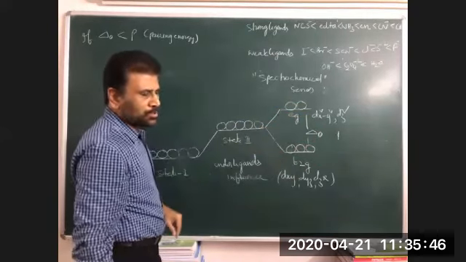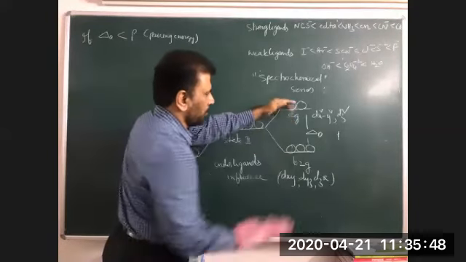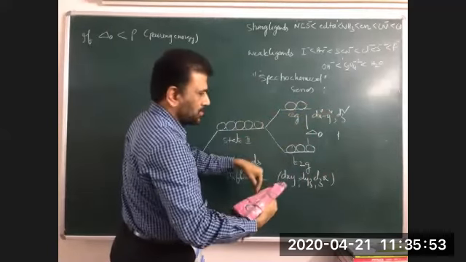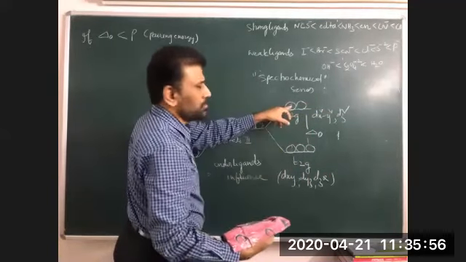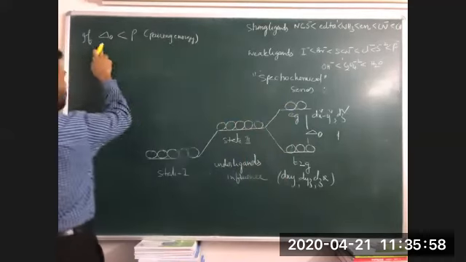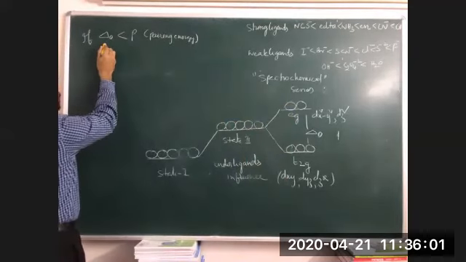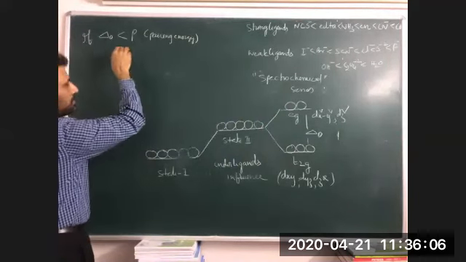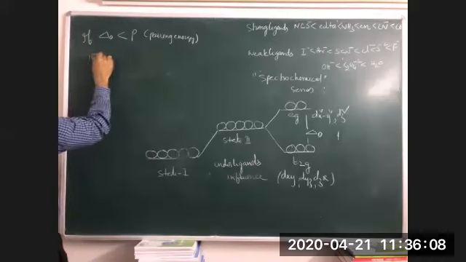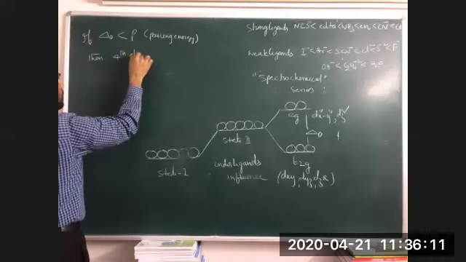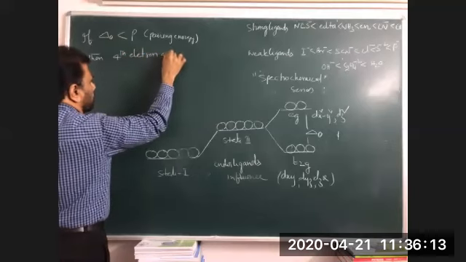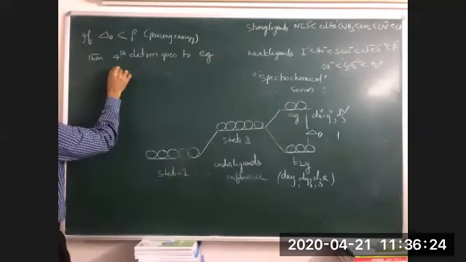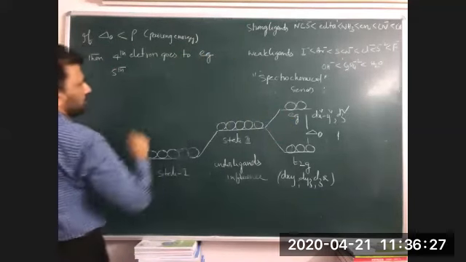Then tell me, does the electron go to this place or this place? If this energy is less than the energy needed to pair, the electron automatically goes to the higher position. So if delta O, the octahedral splitting energy, is less than the energy needed to pair up, then the fourth electron goes to eg. The fifth electron also goes to eg.